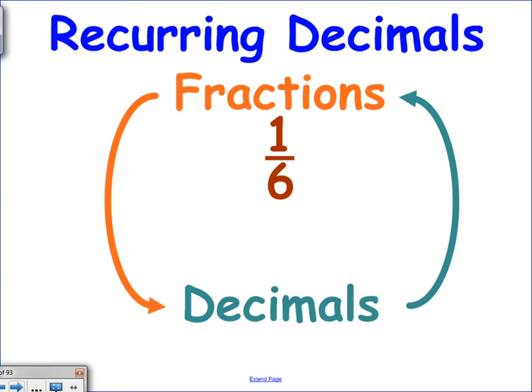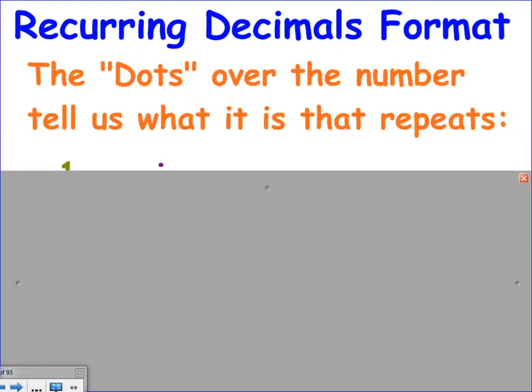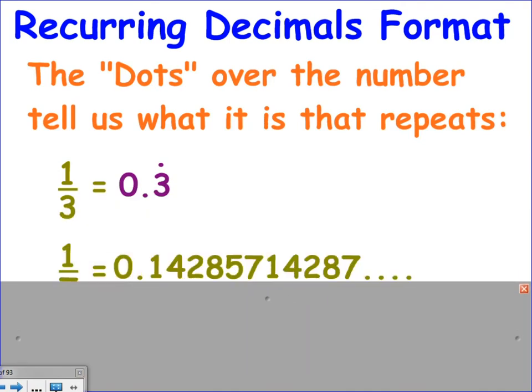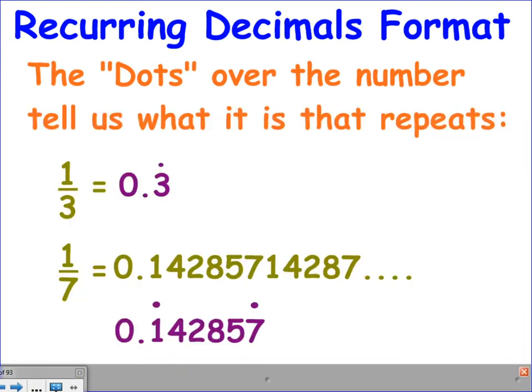A sixth is another example of a recurring decimal. Okay? So a third is 0.3 recurring. In fact, should we do a sixth? No, I don't want to keep doing divisions all night. So a third we know is 0.3 recurring. A seventh is a recurring decimal. So when I divide 1 by 7, it doesn't give me a neat 0.2. It goes 0.142857. Sorry, it starts there. 0.142857, 142857, 1428.